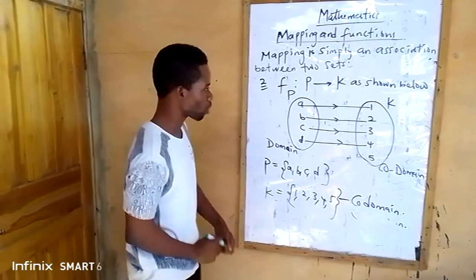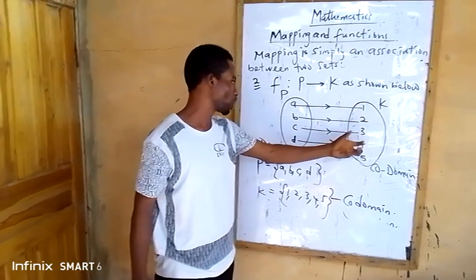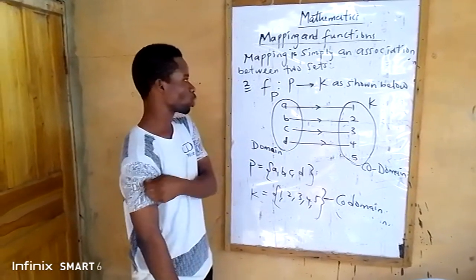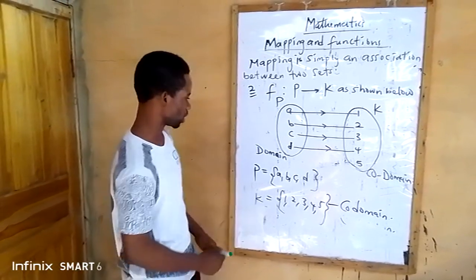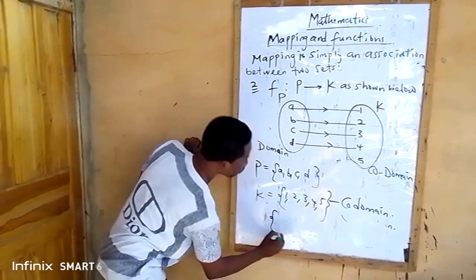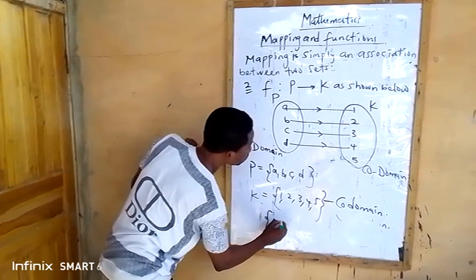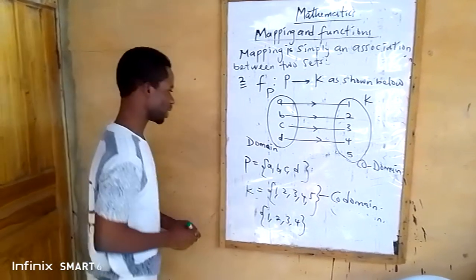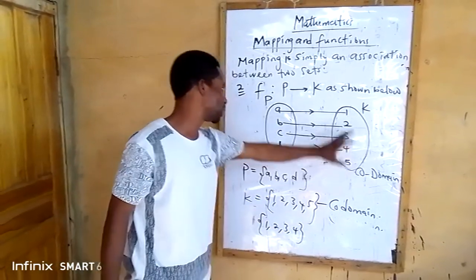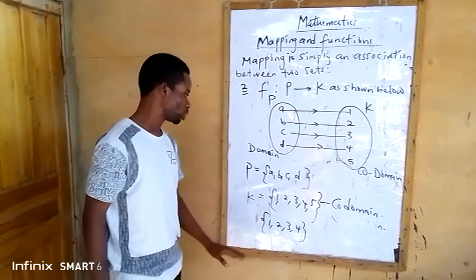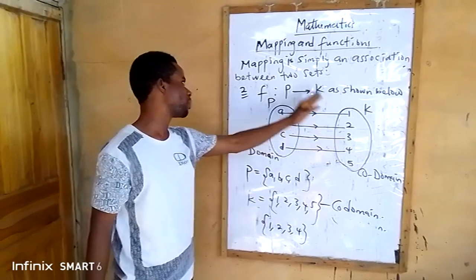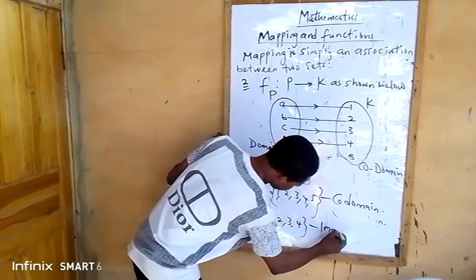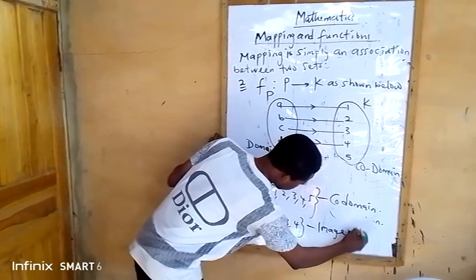But those that are uniquely paired with the domain, we call by another name: image or range. That means in the codomain we have 1, 2, 3, 4. These are the elements that are paired with the elements in the domain. So those that are paired with the elements in the domain, we call image or range.